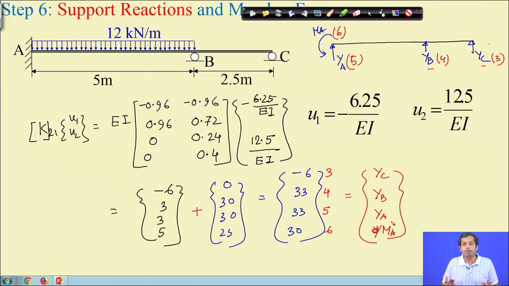Now, a similar approach we can follow to find the member forces. We take any member, and the forces in that particular member will have two contributions: one from the fixed end action, where the structure is kinematically determinate with no displacement, and the second only from displacement, with no external load.